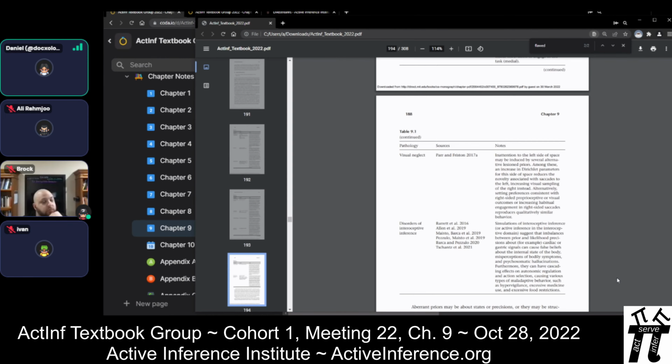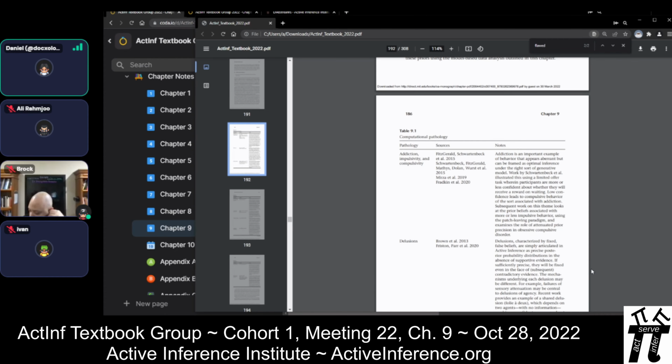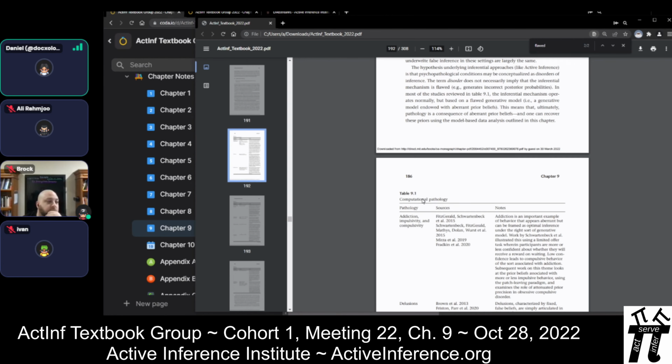Great. Awesome. Yeah, it reminds me of the table in chapter 5 with the neurotransmitters. So they were still at the organ systems level in chapter 5. But 5 is very much related to 9, I guess, in that sense as well. Because it's like here's what dopamine does, here's what acetylcholine does, just at the computational model level.